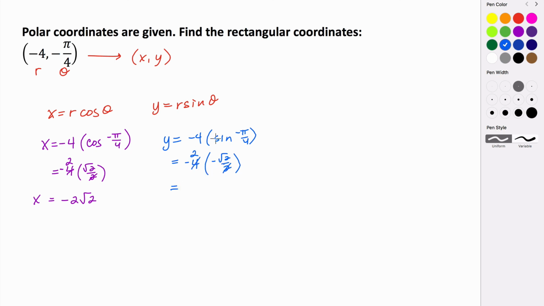These reduce here, so we get positive 2 rad 2. So converting into rectangular coordinates, -4, -pi/4 turns out to be -2 rad 2, 2 rad 2. So that would be our rectangular coordinates.